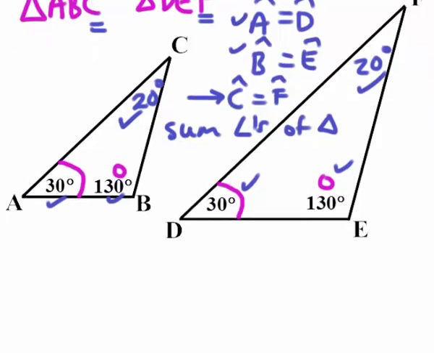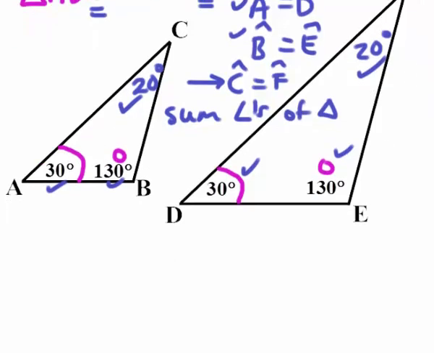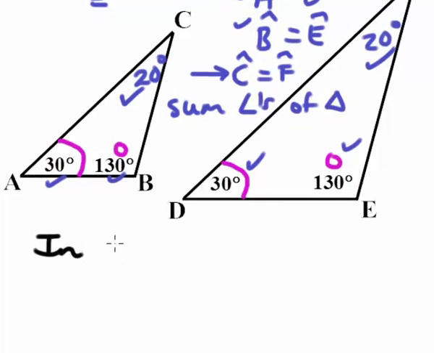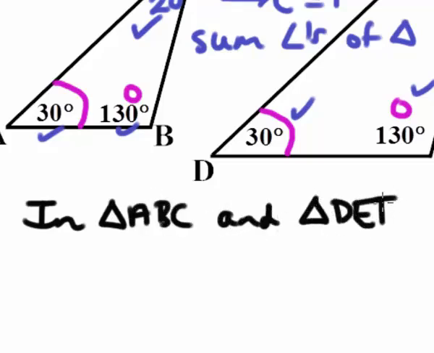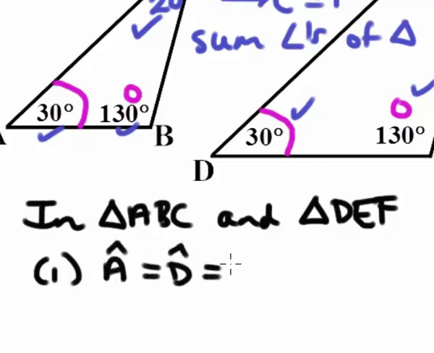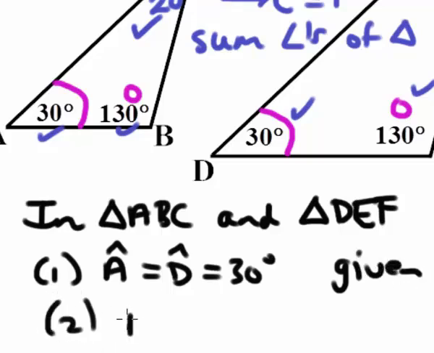So let's construct a proof to establish that the triangles are equiangular, and then we can prove similarity. In triangle ABC and triangle DEF, what do we know? Number one, angle A is equal to angle D is equal to 30 degrees. That is given to us. The second thing is that B is equal to E is equal to 130 degrees.